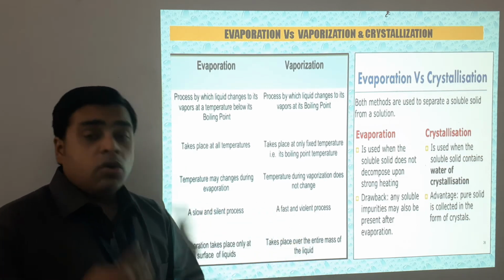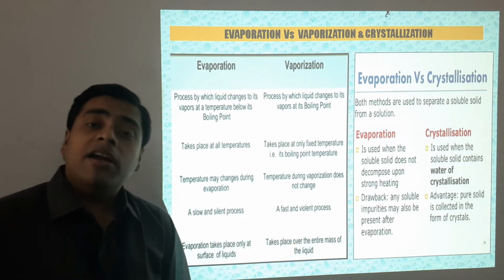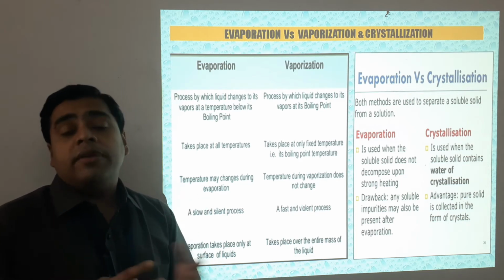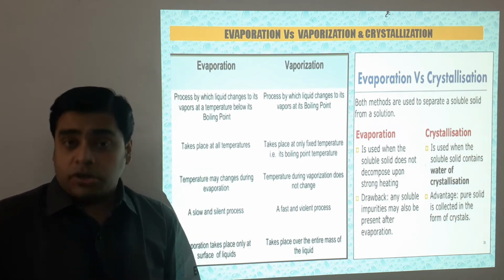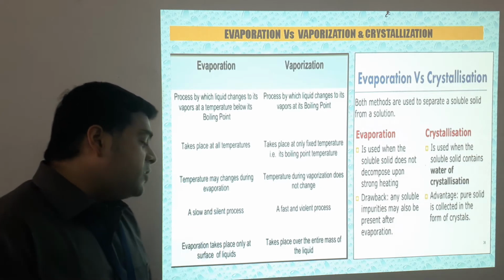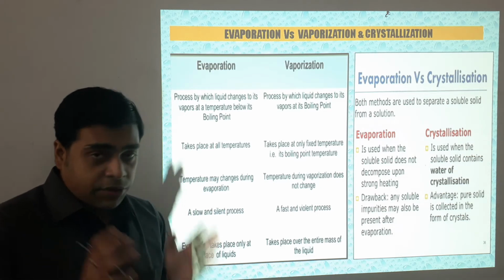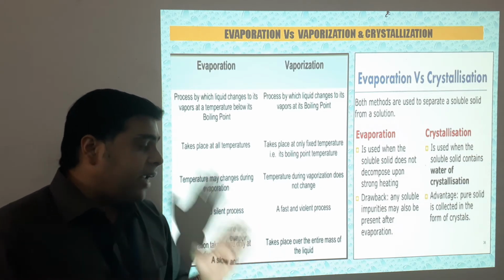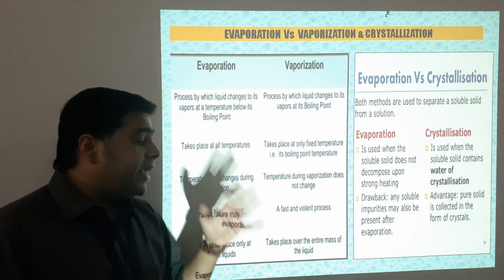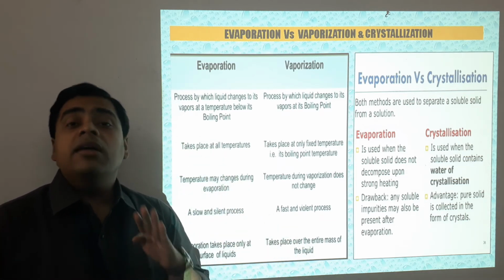Why a violent process? Because we can see the movement of the vapors in the vaporization process. Evaporation takes place only at the surface of the liquid, as we already know, whereas vaporization takes place over the entire mass of the liquid.